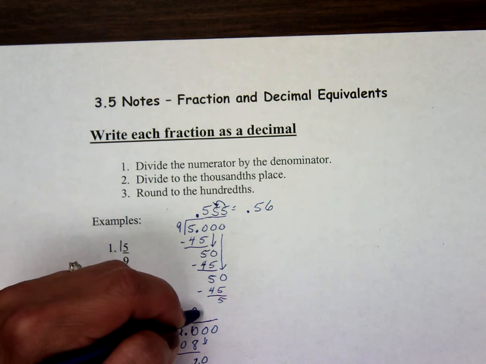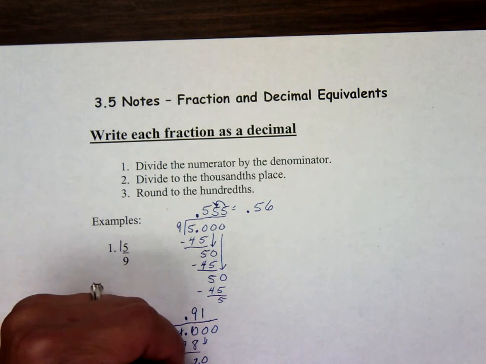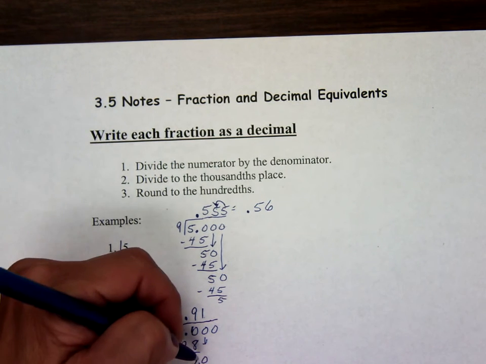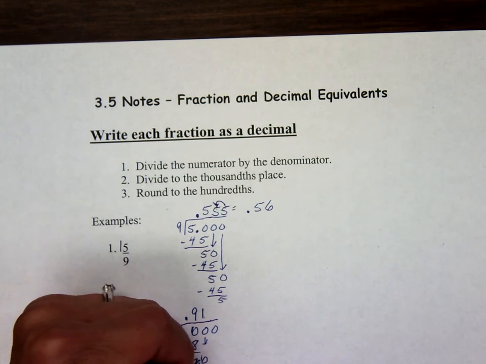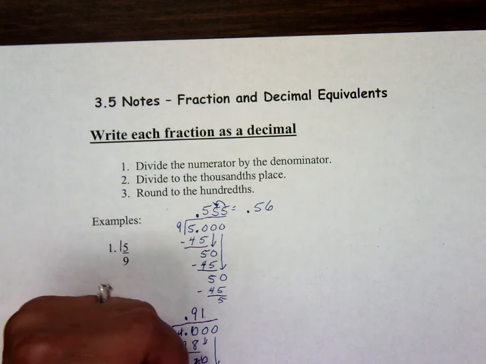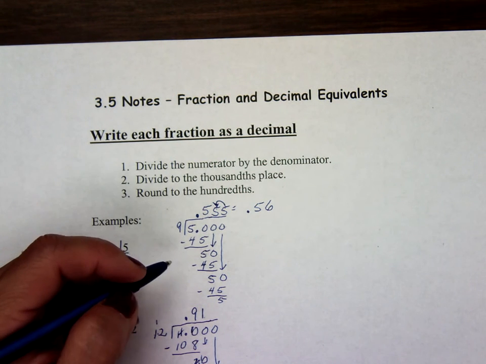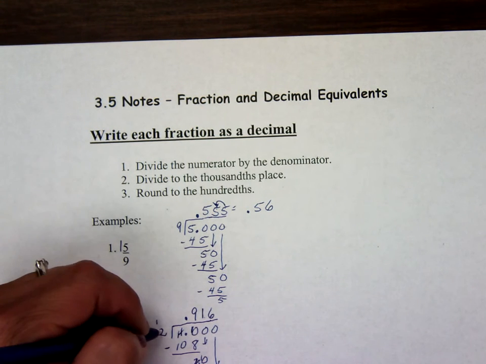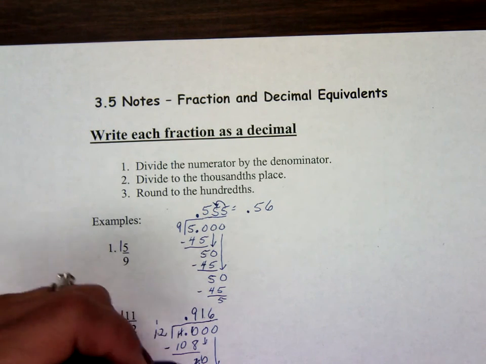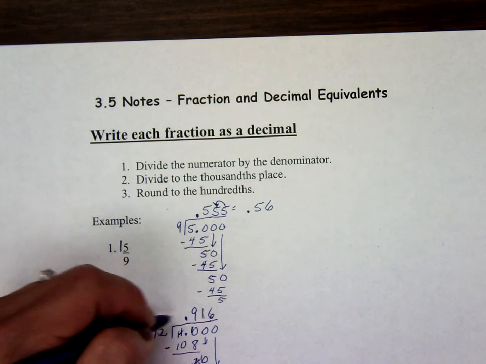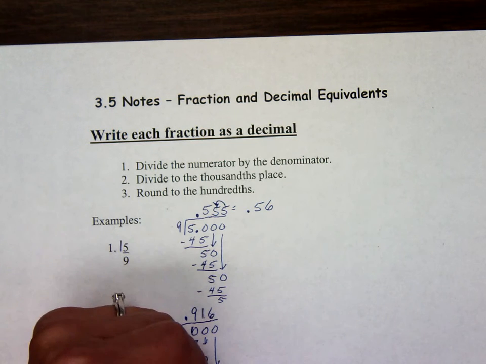12 goes into 20 once. 1 times 12 is 12. Subtract, and you'll get 8. Bring down the last 0. 12 goes into 80 6 times. 6 times 2 is 12. 6 times 1 is 6, plus 1 more is 7.